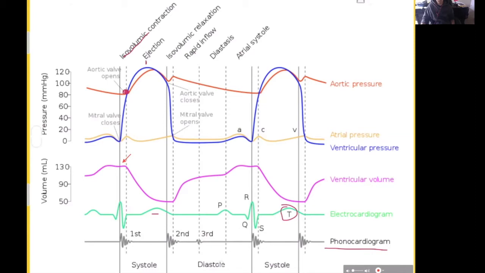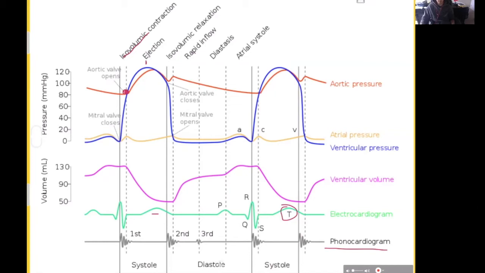We don't see a change in the volume. So our cardiomyocytes, because that action potential is traveling from the sinoatrial node, past our AV bundle and through our His-Purkinje system, are starting to contract because they receive the electrical stimulus.